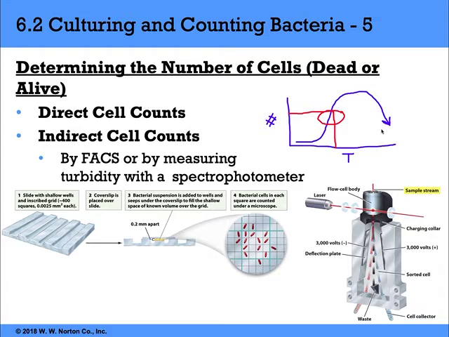In an indirect cell count, we do something called FACS, or we use a spectrophotometer. FACS stands for fluorescence activated cell sorting.